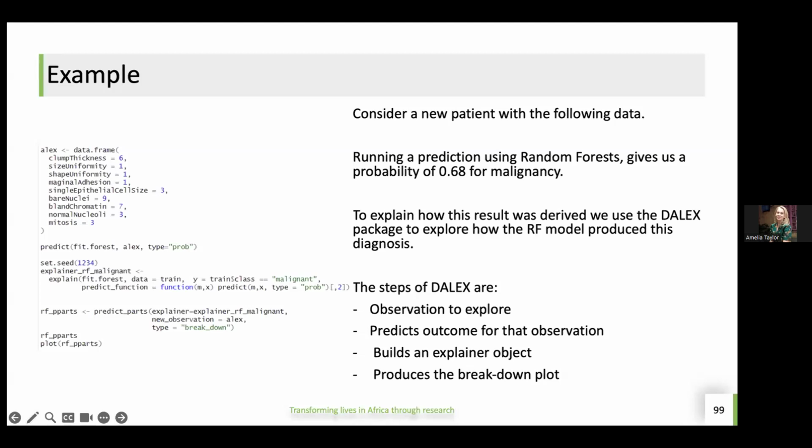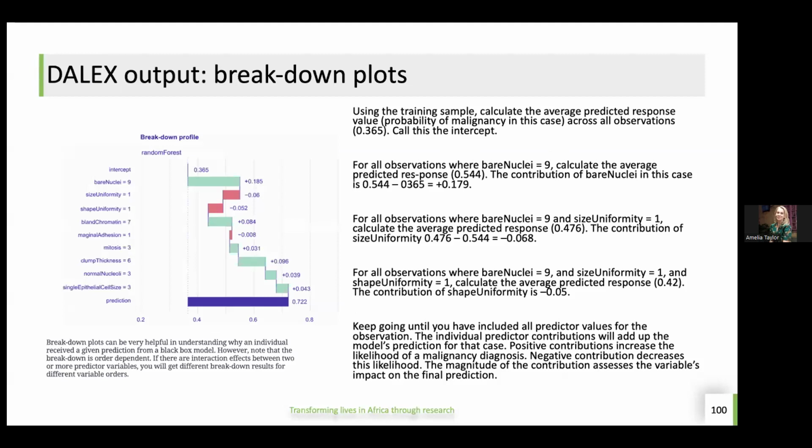So we finished our first half today by looking at two libraries that allow us to do what we call explainable AI. So we looked at breakdown plots. The breakdown plots allow you to see what contributes to the prediction that you see.